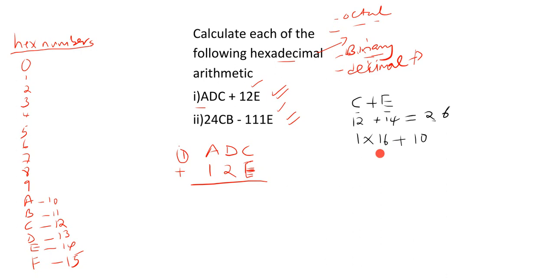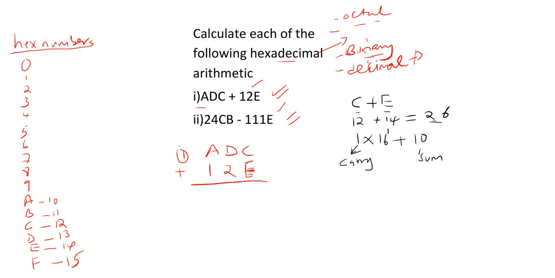So in this case, 26 can be broken up into 1 times 16 plus 10, where 16 here is to the power 1. So 10 becomes the sum, and this 1 which we have multiplied with the base of 16 becomes the carry.